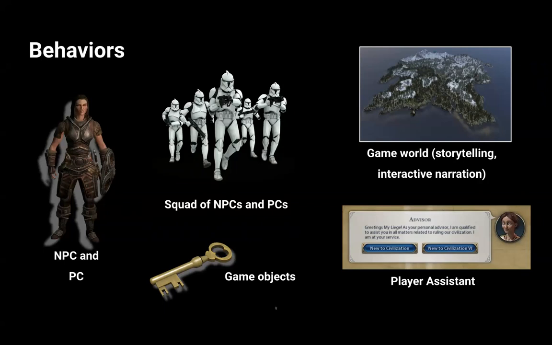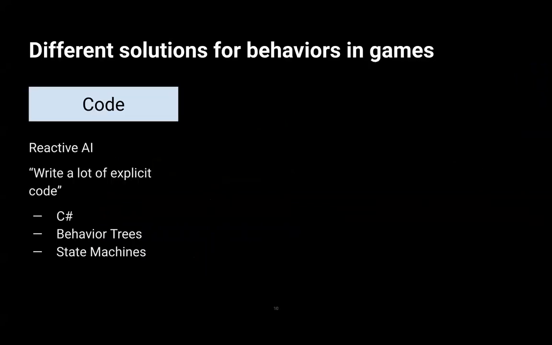Today, basically all of these are created through explicit code, and this works for most behaviors. You can use a behavior tree. You can write your state machines. In Unity, all of our game logic code is written in C#. That's why it says C# there. But it's all coded.